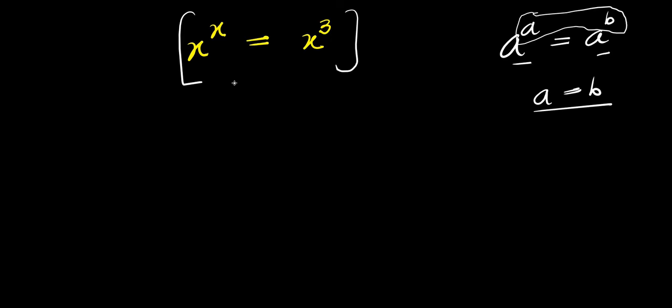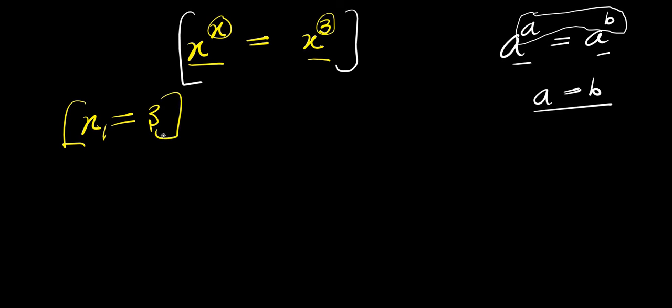If you apply the same thing here, the two bases are the same, meaning the exponents can be compared, meaning x equals 3. Now, this would just give you one of the solutions because obviously we have more than one solution.